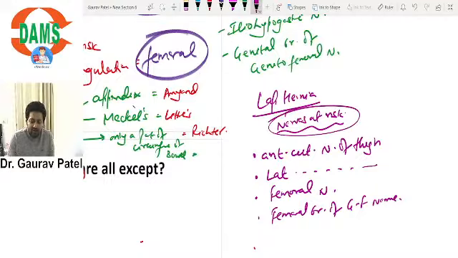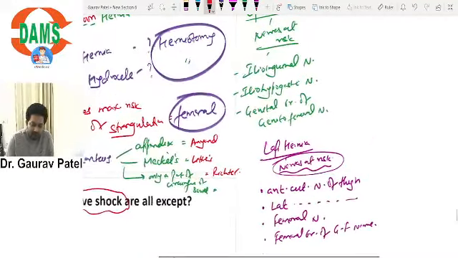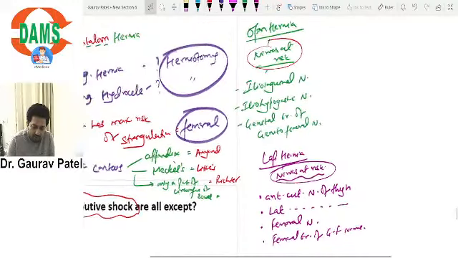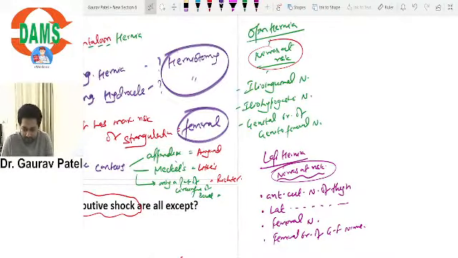So these are the nerves at risk of injury during laparoscopic hernia surgery, and those are the nerves at risk during open hernia surgery.